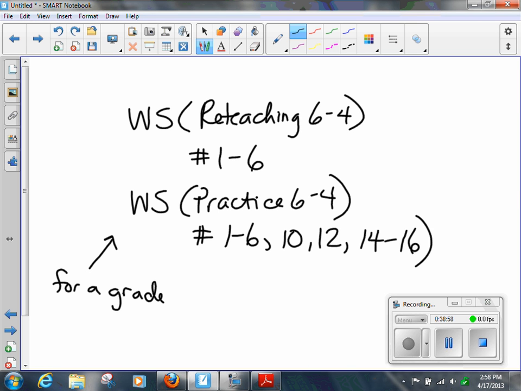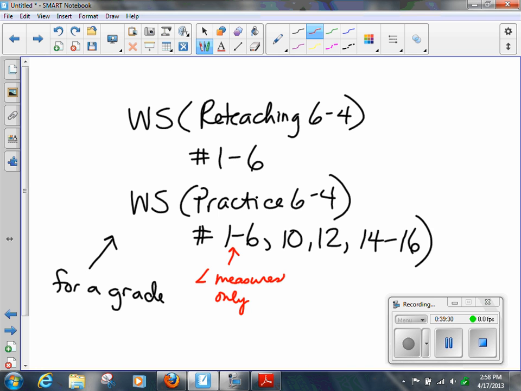Look at 1 through 6 on this side. I want the angle measures only, because it says choose the best name and then find the measures of the numbered angles. I'm not worried about the name. Just find the angle measures. 10 and 12 have to do with what kind of figures? Rectangles, and there are no pictures drawn.